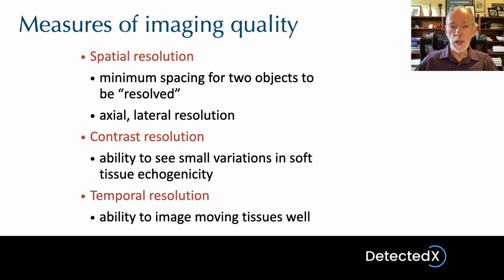There's a term, contrast resolution, and this is used to talk about your ability to see small variations in the echogenicity of soft tissue. So the typical situation would be if you were looking in the liver to see if there was abnormal tissue. And then finally we have temporal resolution, which of course relates to time.